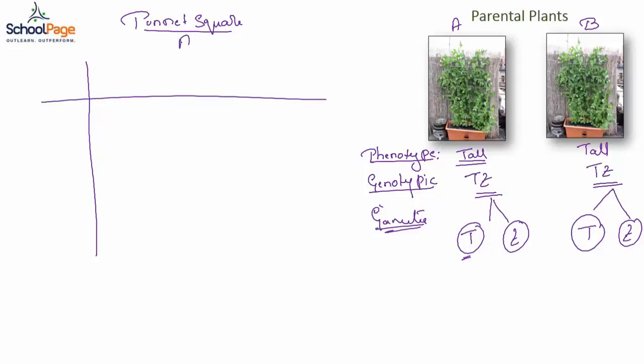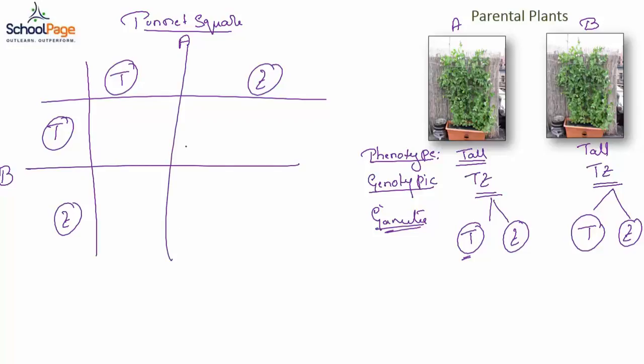So here we will put the gametes of plant A, capital T and small t. Here we are going to put the gametes of plant B, one with capital T and the other one with small t. Now let us do the cross. So the first cross, chances are that the capital T and capital T come together.